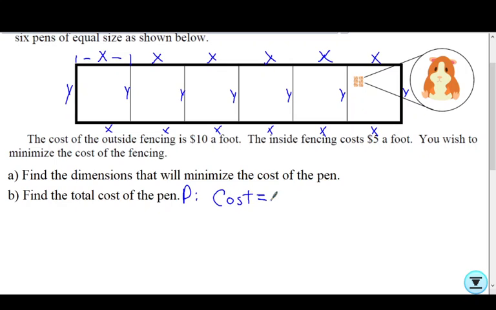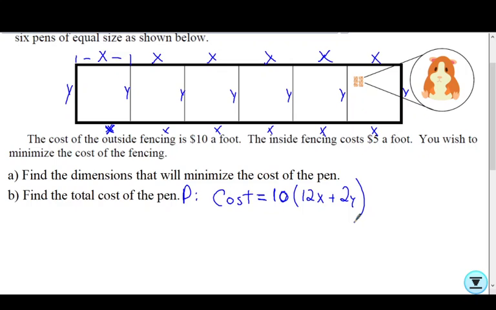Well, my cost is going to be equal to the fencing that I'm using. So the big cost is going to come from the outside fencing, right? So that cost is $10 times the amount of fence I need to do the outside. So if I add up, I got 1, 2, 3, 4, 5, 6, 7, 8, 9, 10, 11, 12 x's plus 2 y's worth of outside fencing.